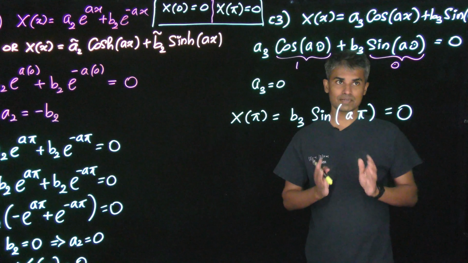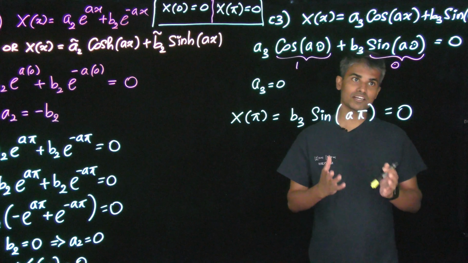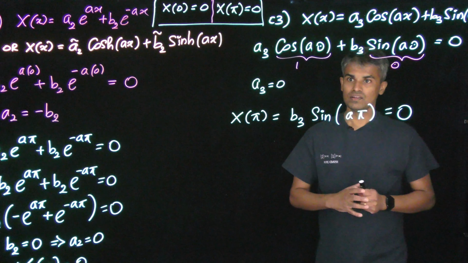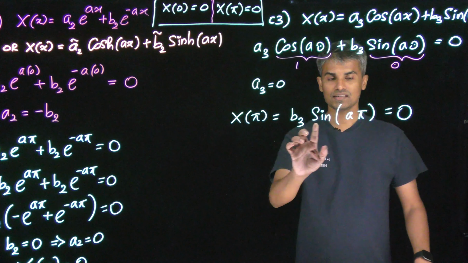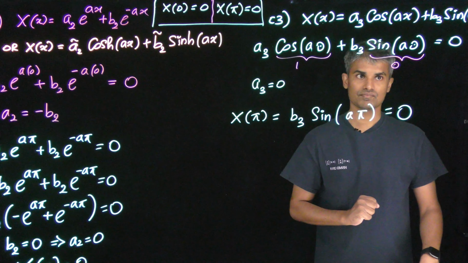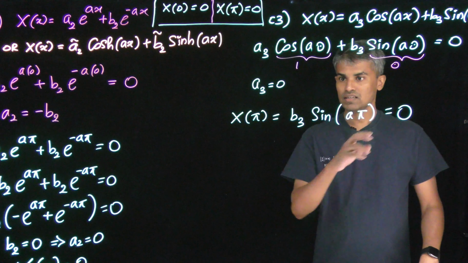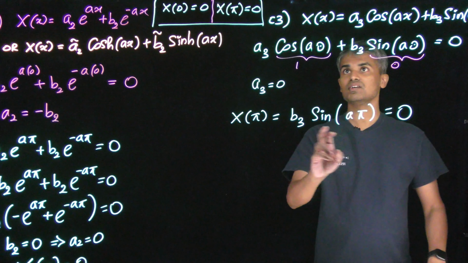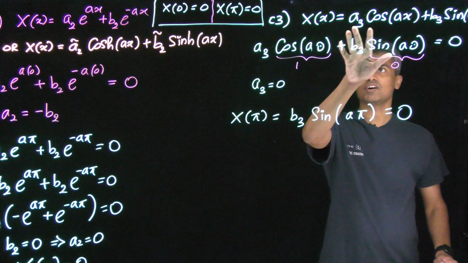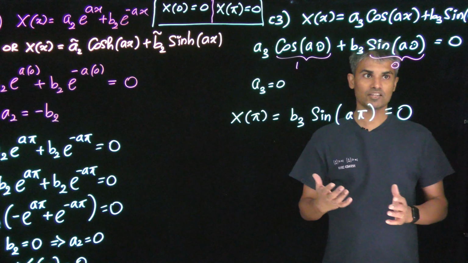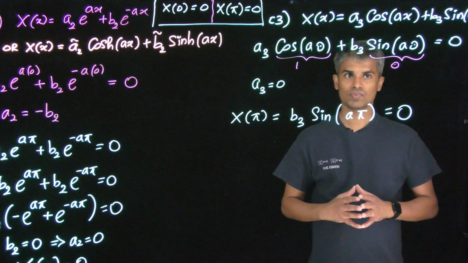Okay. Now, remember, we are looking for non-trivial solutions. So here I have a product again equals 0. If you set b3 equals 0, then this entire function becomes 0 and you will get a trivial solution.